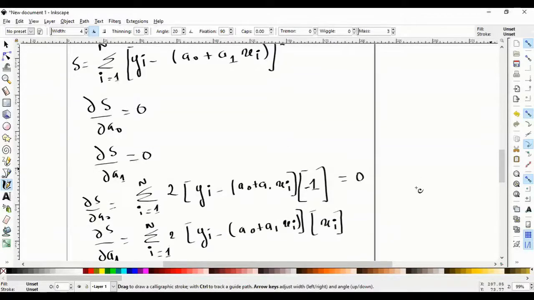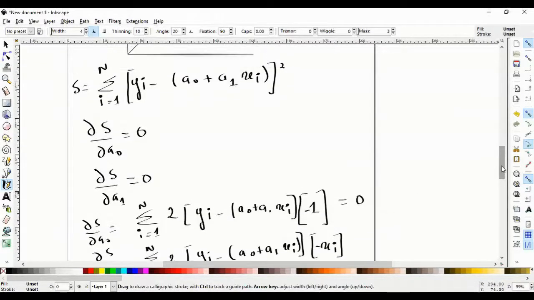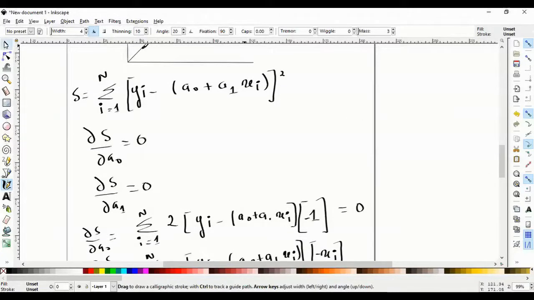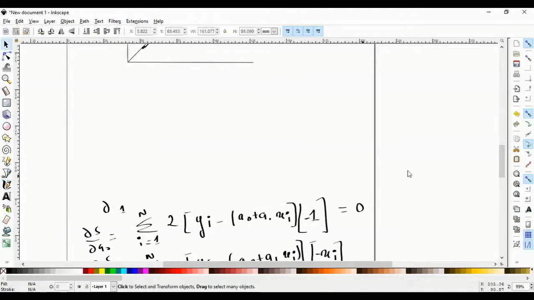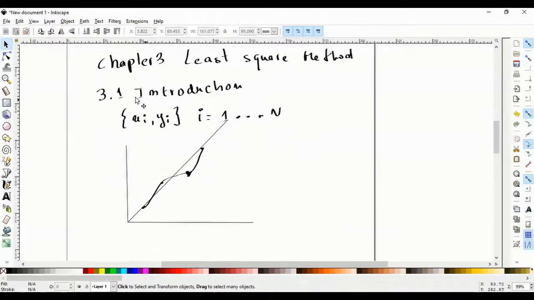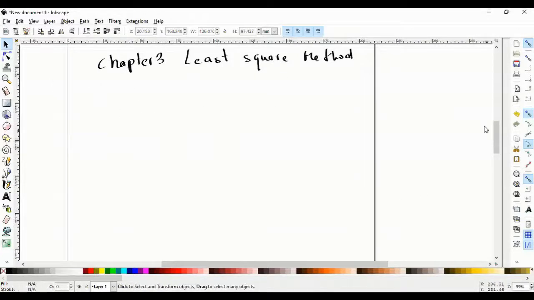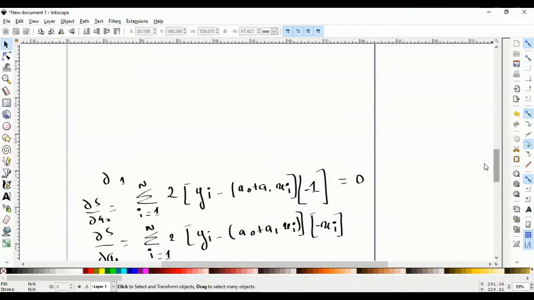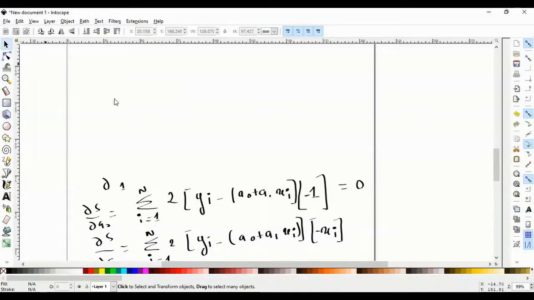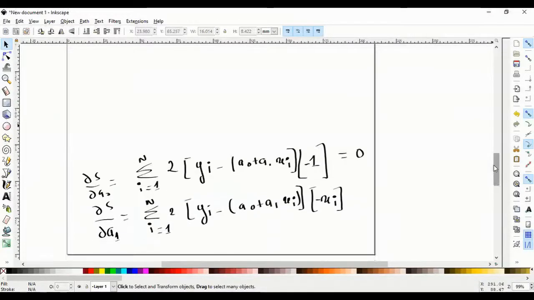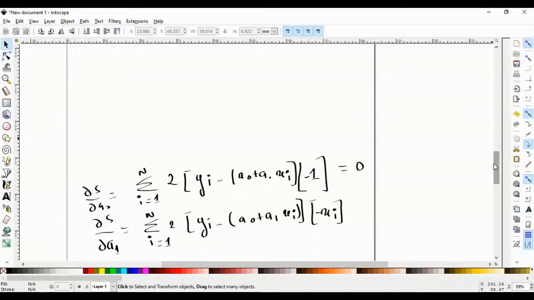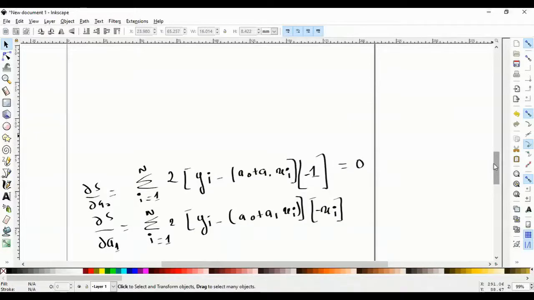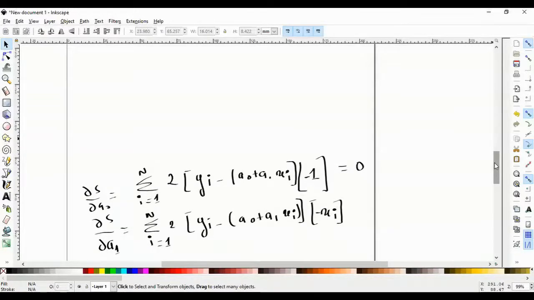So I will express this in function of a0.